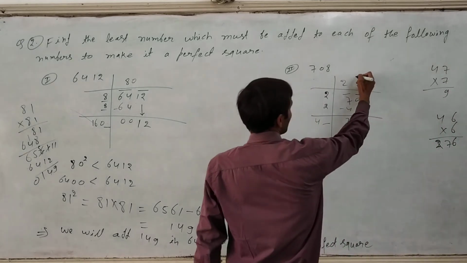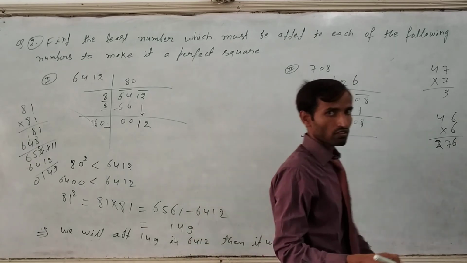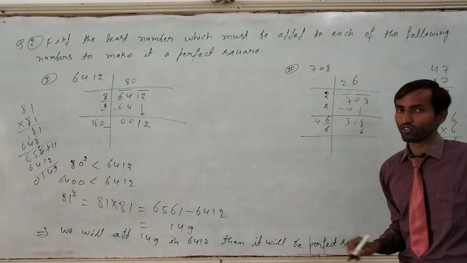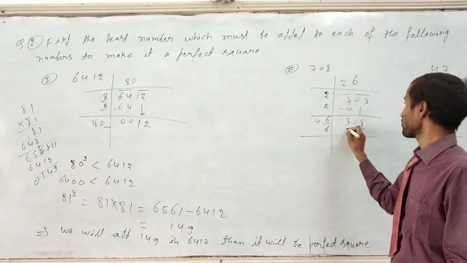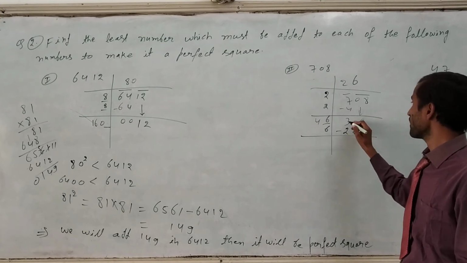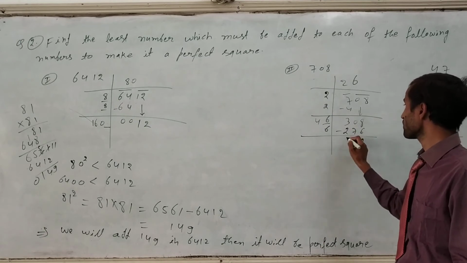So we have to multiply by 6, so 46 into 6. 6 6s are 36 will come here, carry 3, and 6 4s are 24, 24 plus 3, 27 will come. Then we have to subtract 8 minus 6, 2 will come, and then here subtract 10 minus 7, 3 will come, and then this one is 0.